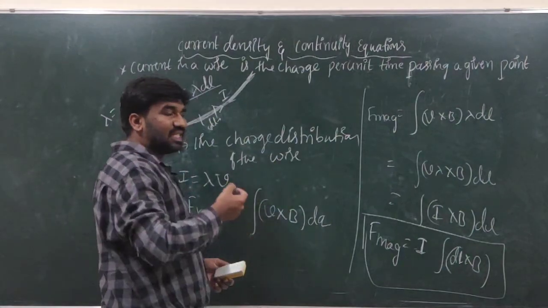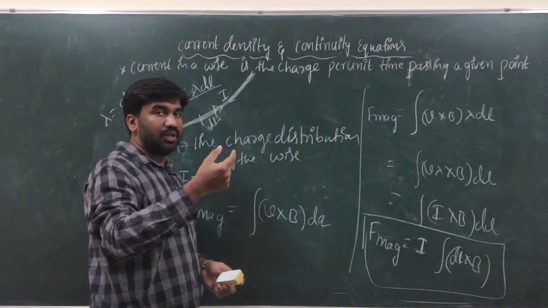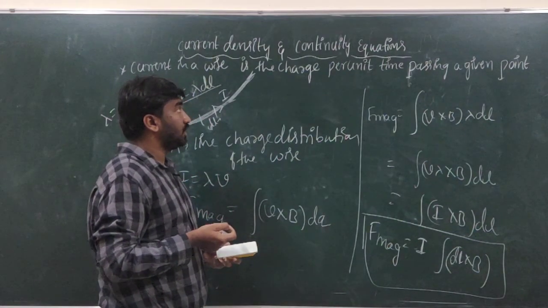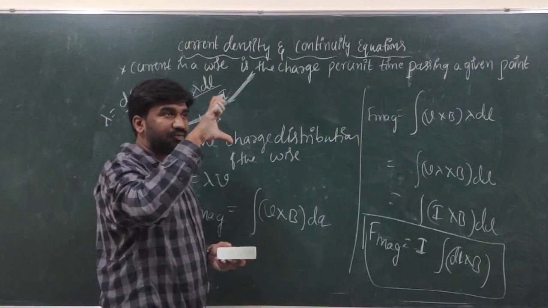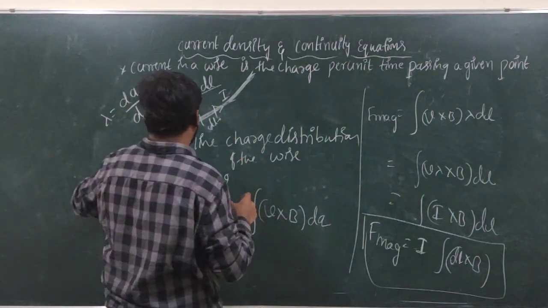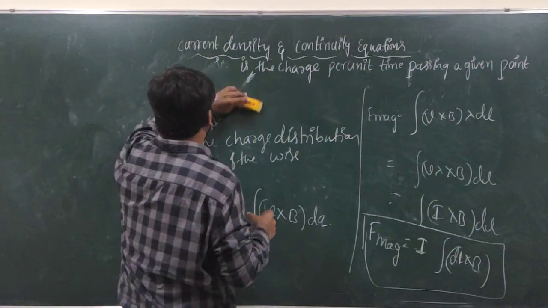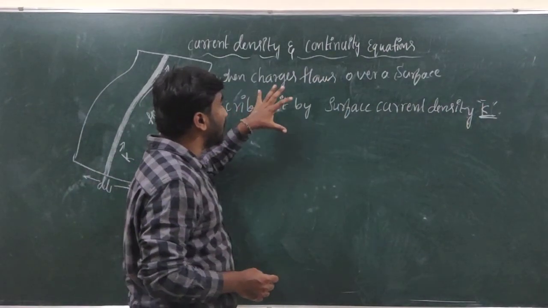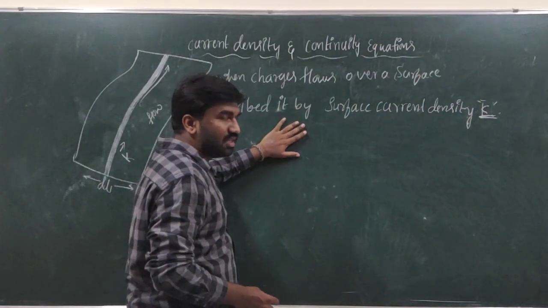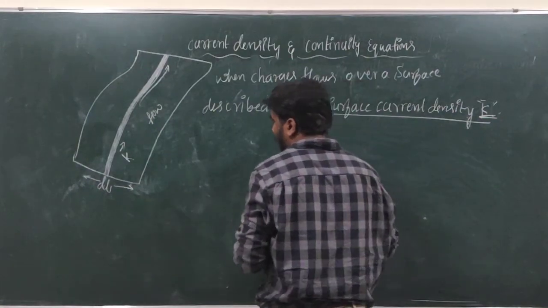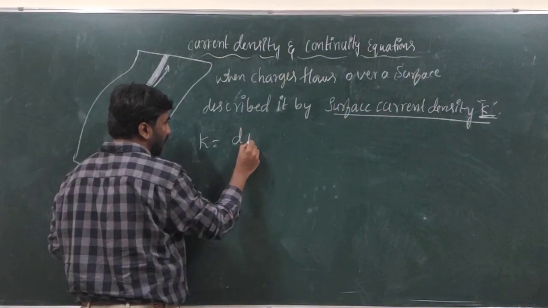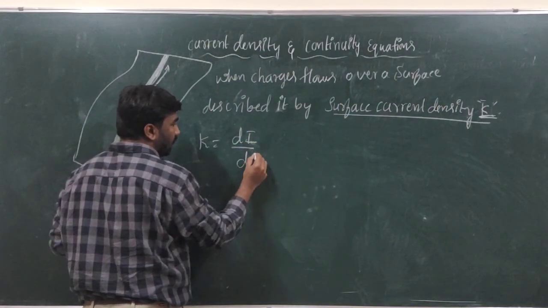If charges move with respect to time over a surface, then we are discussing surface current density. If I place a surface current in an external magnetic field, what is the force on this current? Let us see. When charges flow over a surface, it is described by a surface current density K, where K is equal to di divided by dl perpendicular.